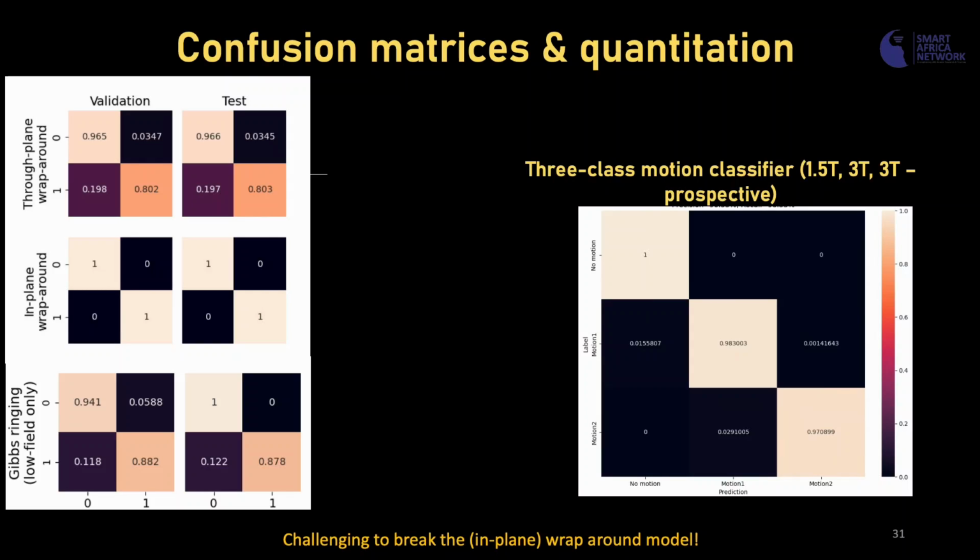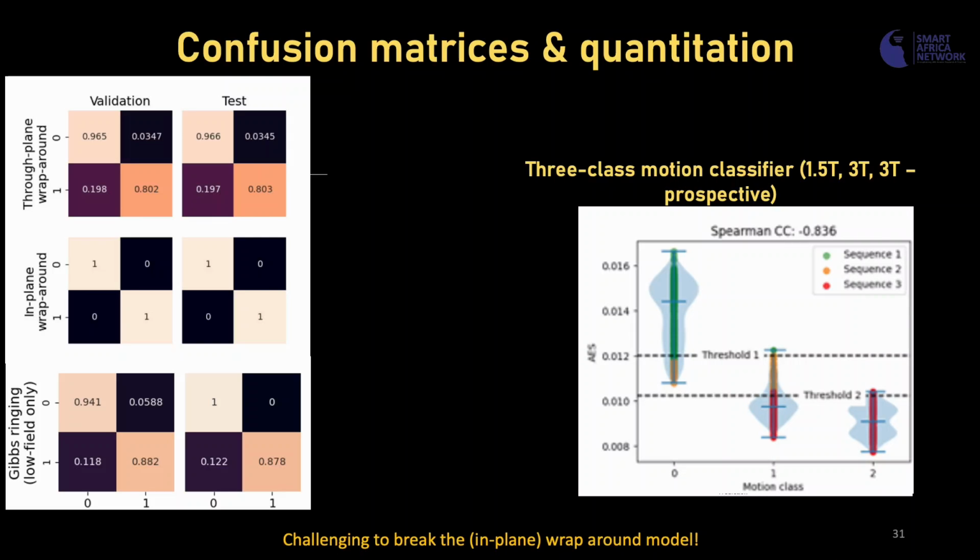But all of this data that you're seeing on this slide and the previous slides were all on T1 MPRAGE data, or T1 contrast data, I should say. For the three class motion classifier, you do see that we get good performance for the true classes, and then the false positives and false negatives are significantly lower.